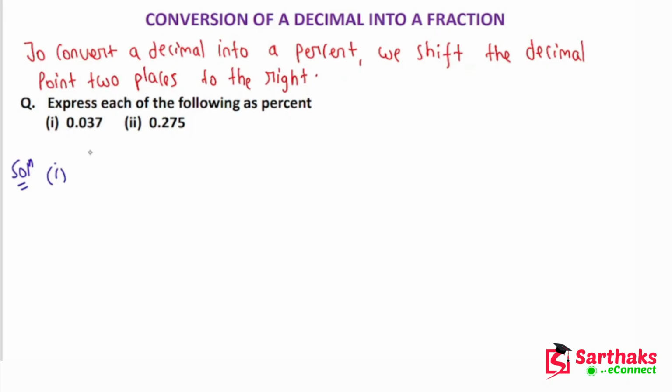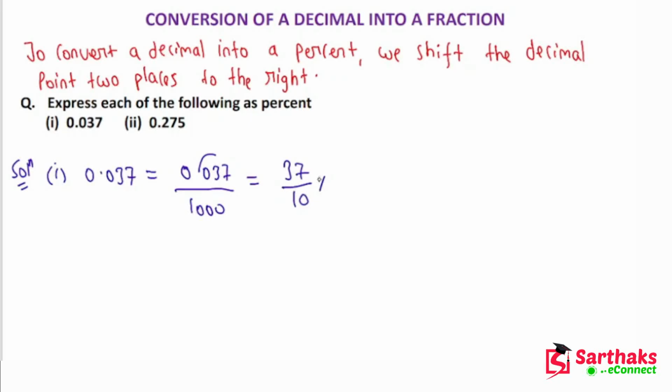But let us see the actual method. Our conventional method says that to remove this decimal, 0.037, you have to add 3 zeros because there are 3 digits after the decimal. So it would be 37 upon 1000.